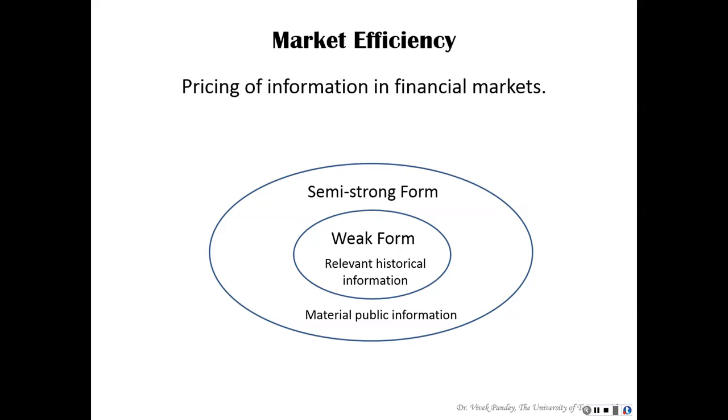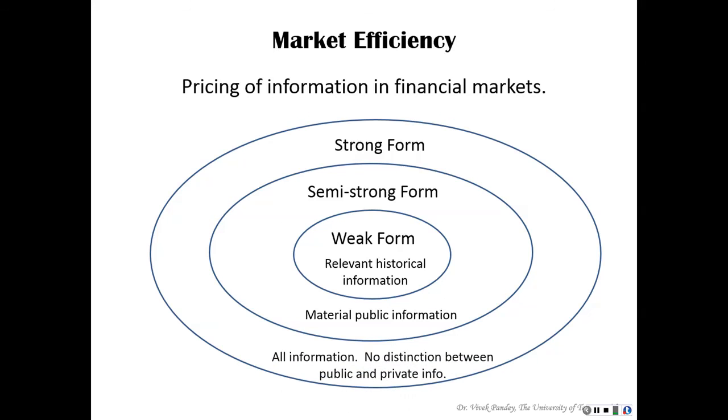Okay, so if we get to a point where even private information is not private anymore, as soon as information is created, it becomes public and gets incorporated into stock prices, then we have strong form efficiency, right? There's no distinction between public and private information. All information is priced in.